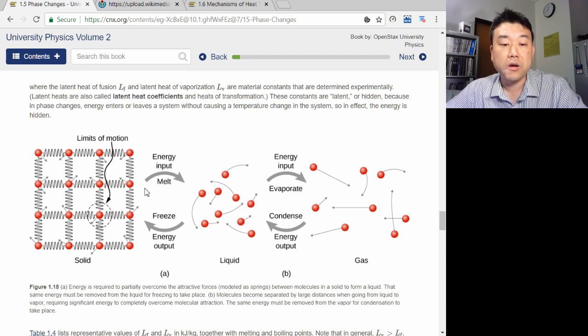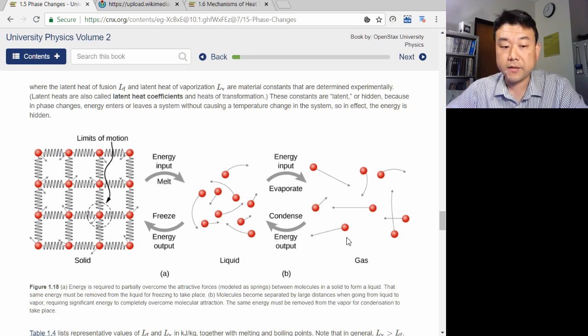The average kinetic energy of this movement is reflected in the temperature measurements. As for the potential energy of molecules, since most molecules attract each other through intermolecular forces, the farther away molecules are from each other, the more potential energy there is.